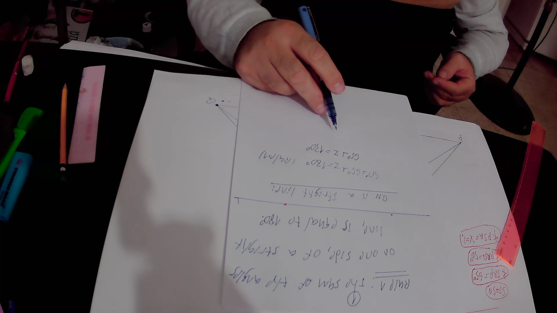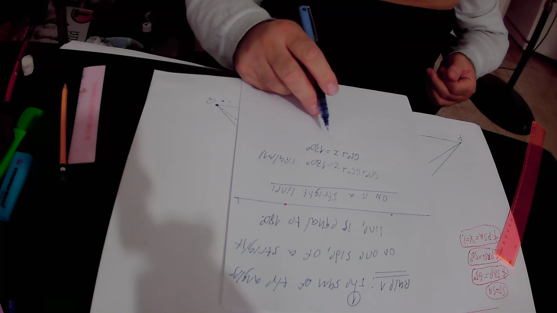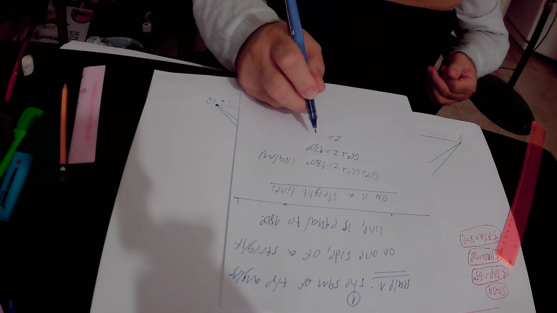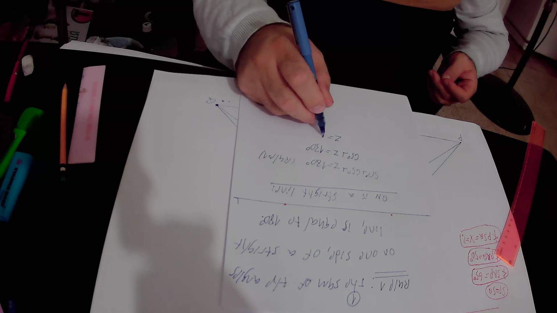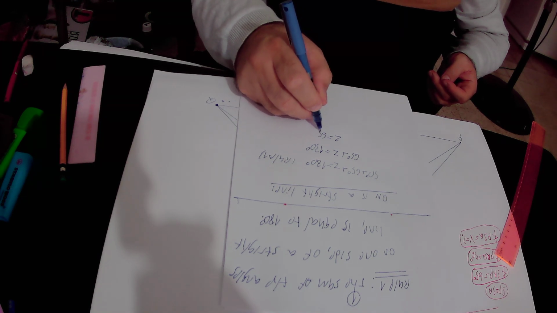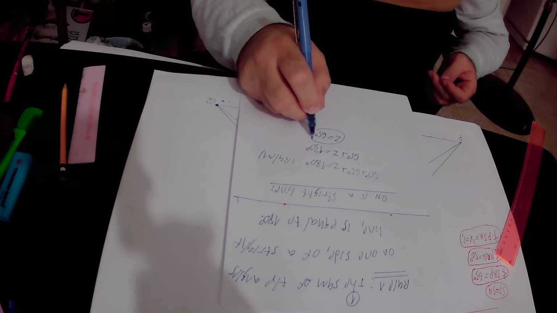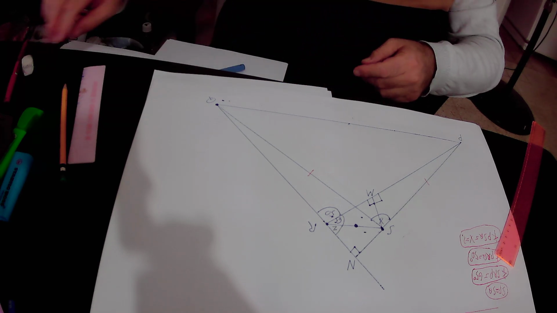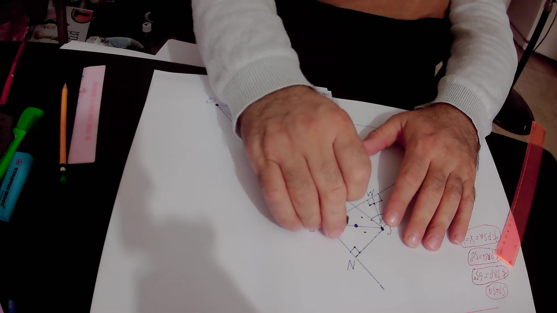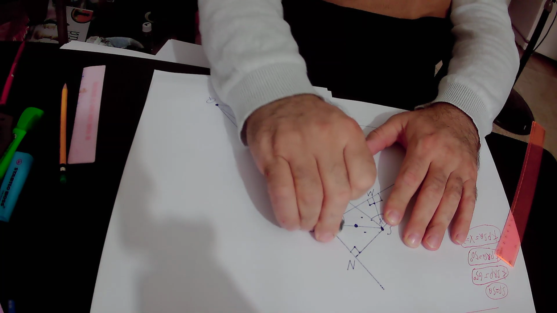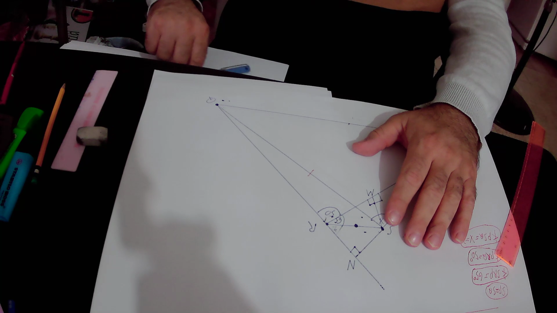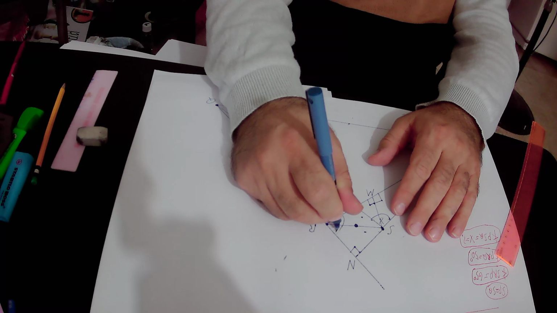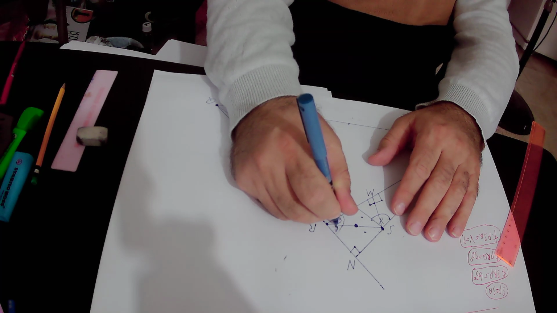So here we will subtract 65 degrees from this equality and we will get that the size of angle Z is actually 130 degrees minus 65 degrees, which is 65 degrees. So we found out that angle Z equals 65 degrees.